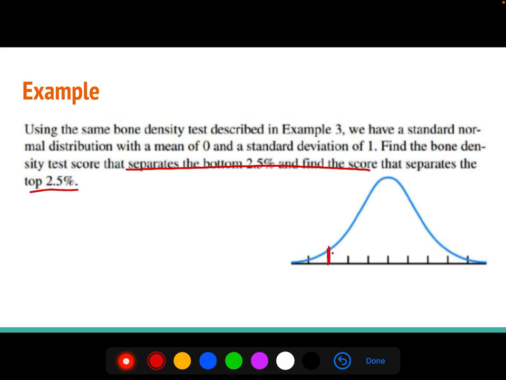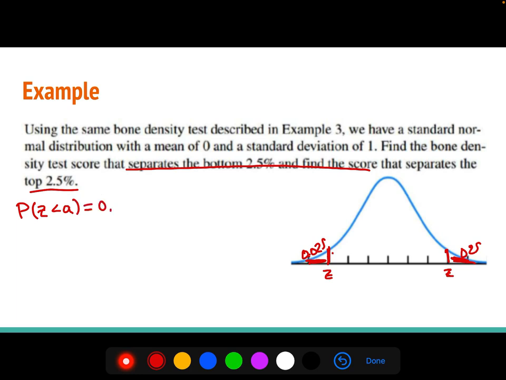So we're trying to find the top and bottom 2.5%. Those are going to be your really tiny ones. So this is going to be 0.025 and 0.025 for the area in these tails. And we want those z-scores. Okay, that's what we're looking for.